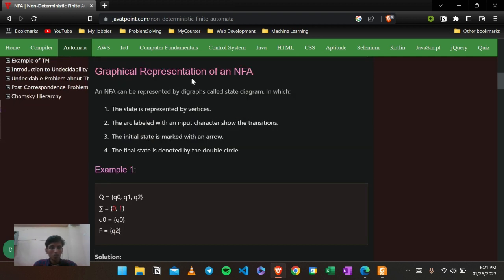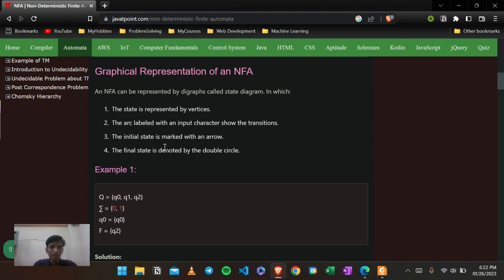Now, the graphical representation of an NFA. An NFA can be represented by digraphs, where digraph means directed graph, which has the direction property, called a state diagram. The first point is that a state is represented by vertices.